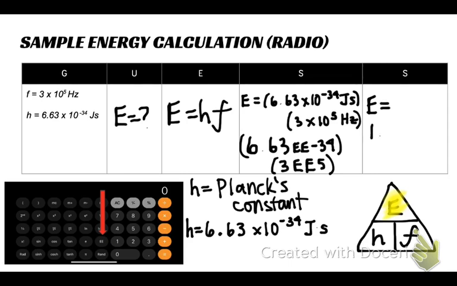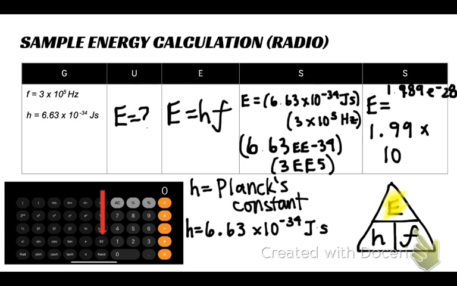I got 1.99. In scientific notation, always round to the hundredth, times 10 to the. So on my calculator screen, it shows me 1.99 e negative 28.